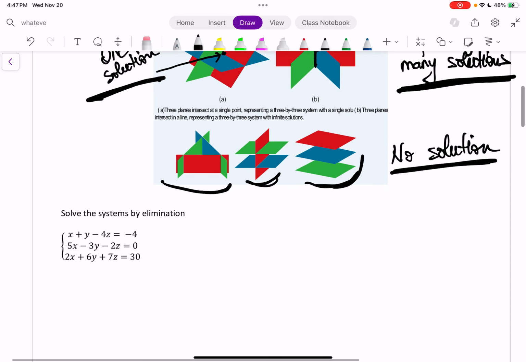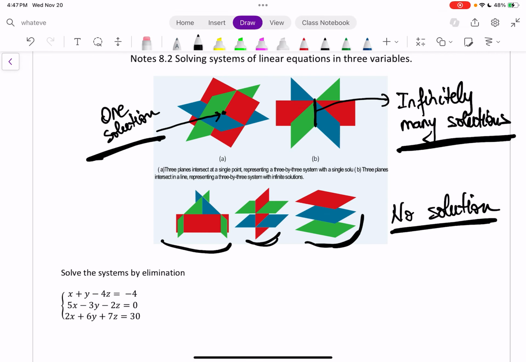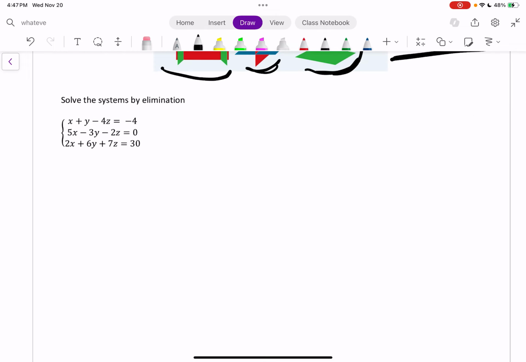Now, definitely we can solve them by graphing because, well, we can graph such planes in three dimensions on a plain piece of paper. All right, so we could solve by substitution, but they're not really geared that way to where you can solve for x, plug it in.